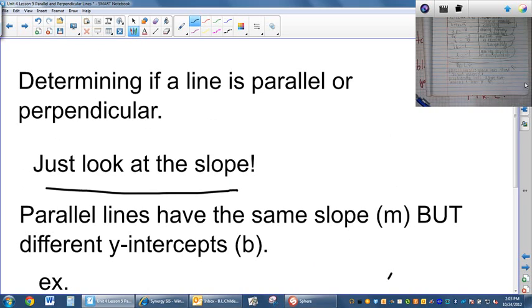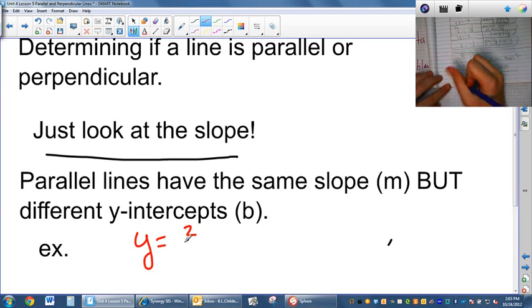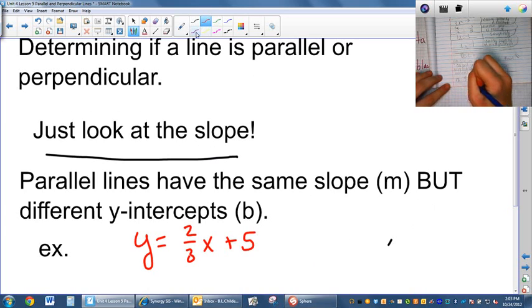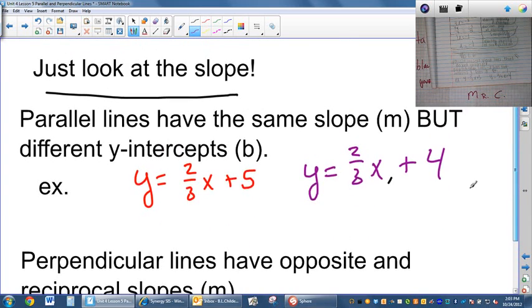So, for example, if I had y equals 2/3 x plus 5, an example of a parallel line to that would be y equals 2/3 x plus 4. Parallel lines have the same slope, but different y-intercepts.